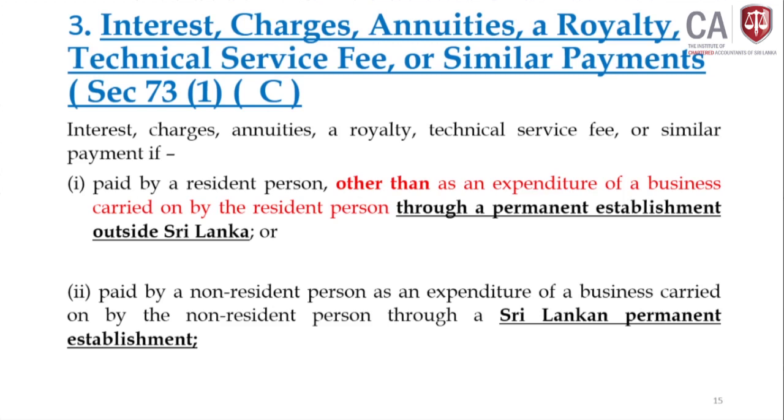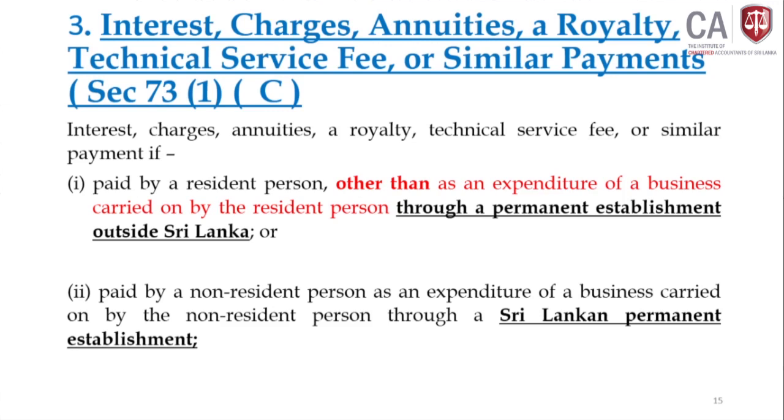Interest, charges, annuities, a royalty, technical service fee or similar payment, if Roman 1, paid by a resident person. Who has made the payment? A resident person, other than as an expenditure of a business carried on by the resident person through a permanent establishment outside Sri Lanka.